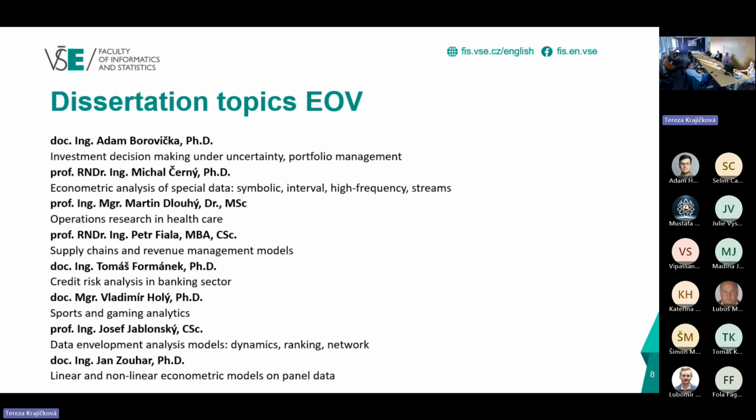And for example, one nice topic that we are working on is sports statistics. Currently, my research project is about dynamic rankings and ratings, and we are conducting research on how to design good rating systems in sports.